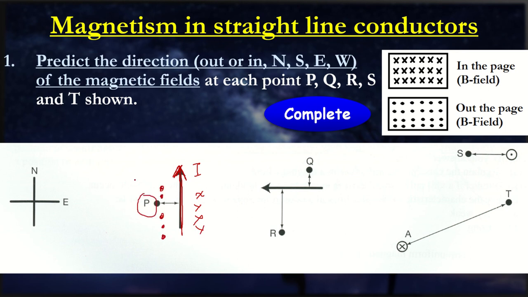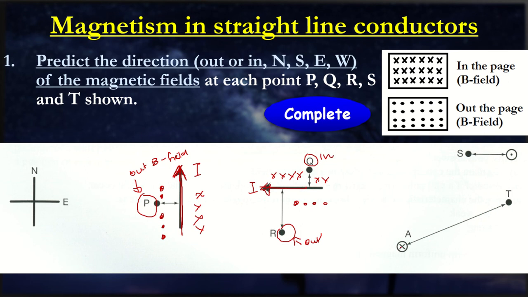So at point P, we have an out of the page B field direction. If our current is going in this direction, my right thumb is going to the right as I grab onto the arrow. So on the side of Q, we have my fingers pointing into the page, and on the side of R, we have fingers pointing out of the page.